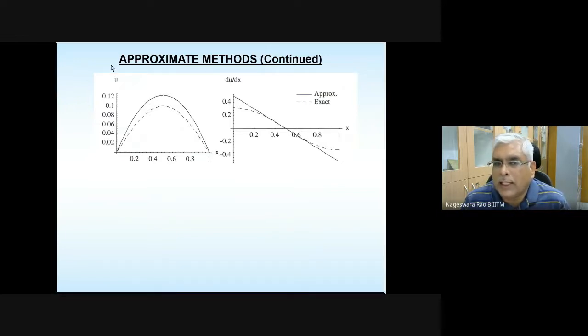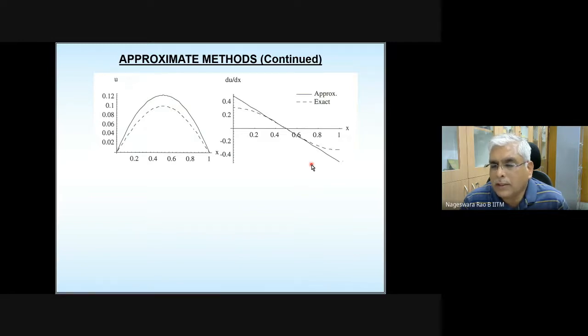So this is how the plot looks. Collocation method. Here also a lot of error is there, and this is the derivative of this solution, exact derivative and approximate derivative. Any questions?